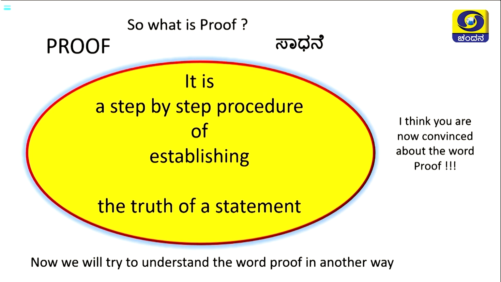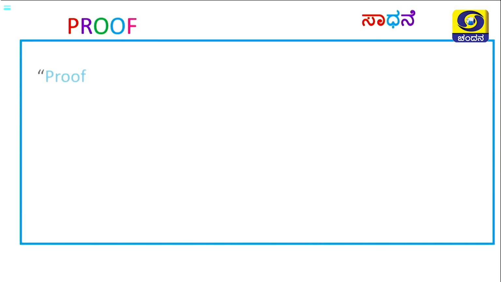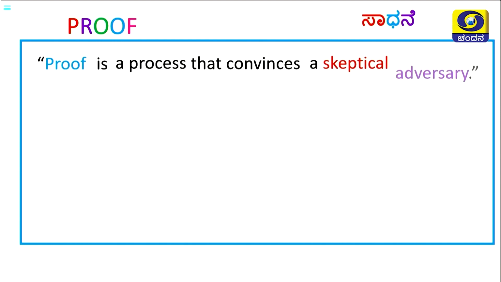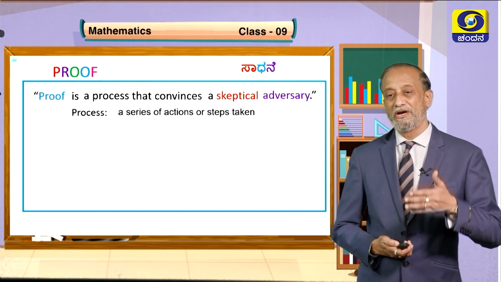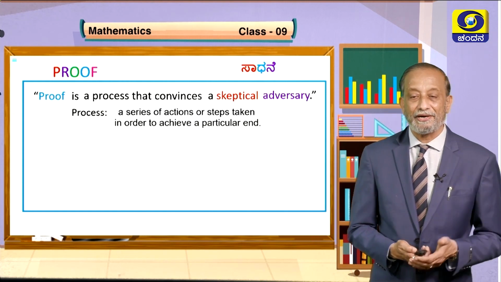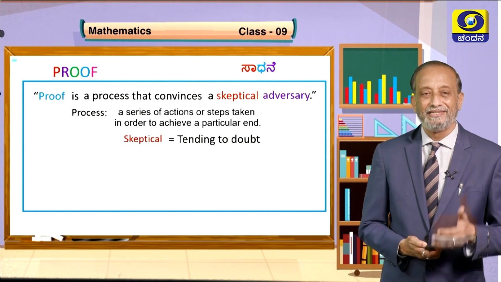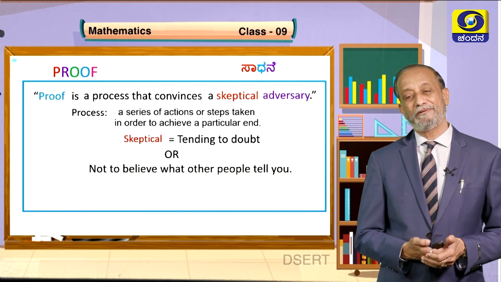We will try to understand the word proof in a still better way. Proof can be said to be a process that convinces a skeptical adversary. Process means a series of actions or steps taken in order to achieve a particular end, and skeptical means tending to doubt or not to believe what other people tell you.